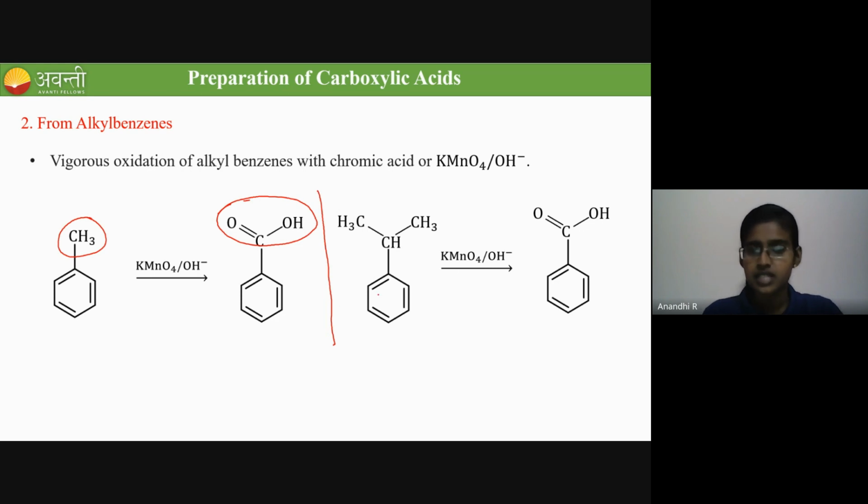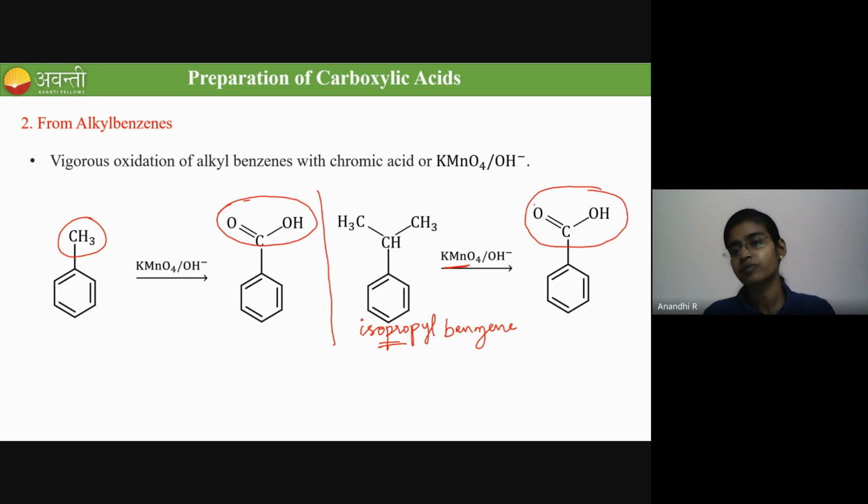Coming to the second alkyl benzene, which is called isopropyl benzene, on oxidation with the same KMnO4 it also leads to the formation of COOH. Here the whole isopropyl group is getting converted to COOH. Whatever alkyl group you have attached to the ring, that gets oxidized to carboxylic acid.